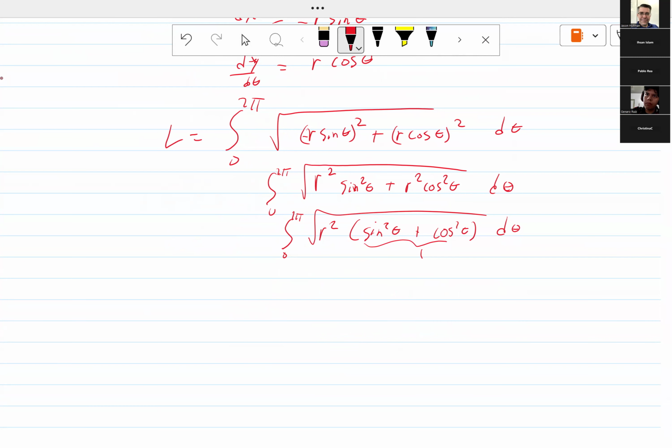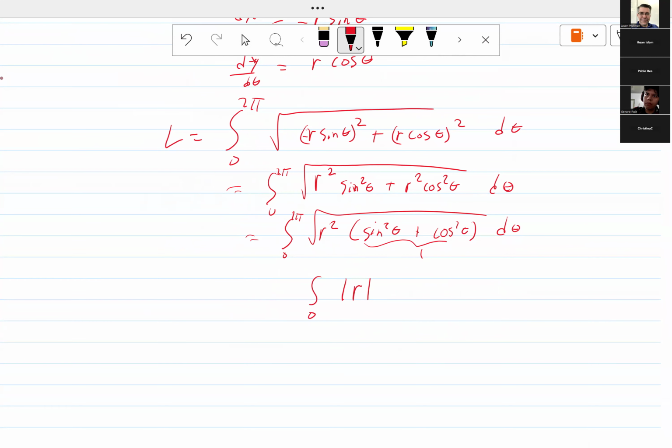What's the square root of r squared? R. It's actually absolute value of r, remember we saw that in the last one.